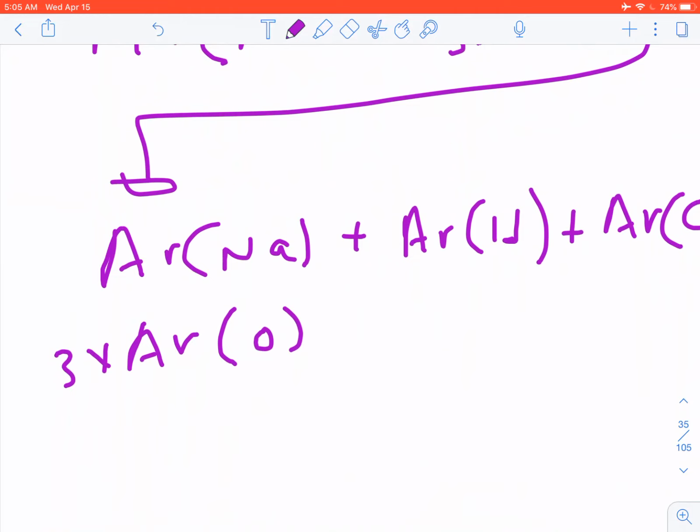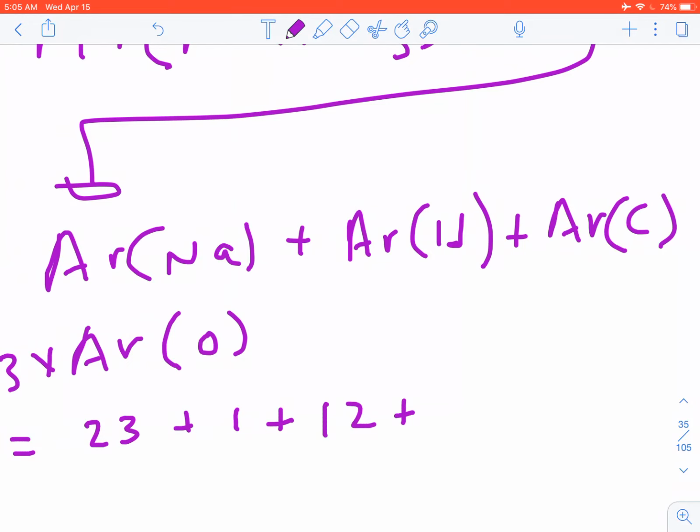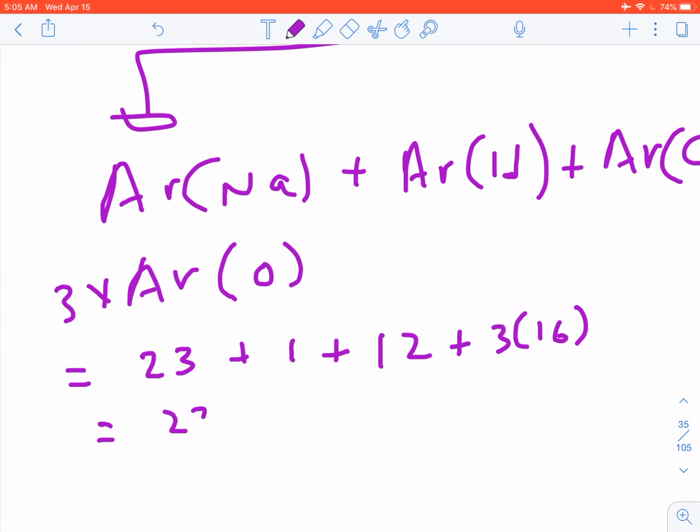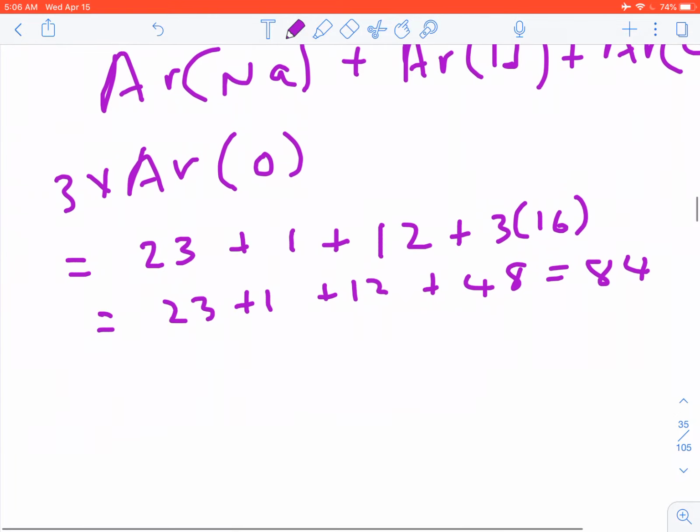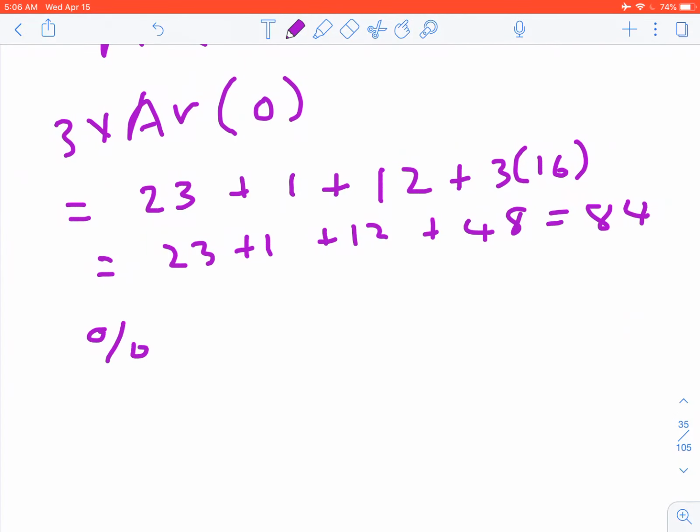So this is equal to then 23 for sodium plus 1 for hydrogen plus 12 for carbon, and oxygen is 3 times 16, which means it's equal to 23 plus 1 plus 12 plus 48. And that gives us 84.